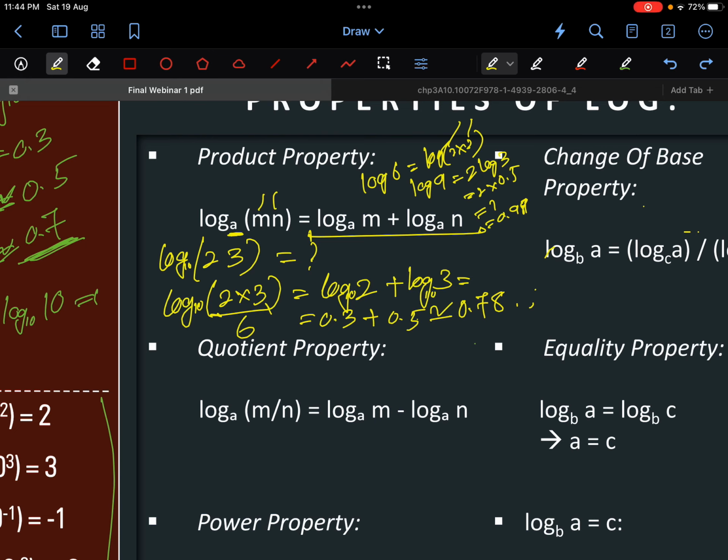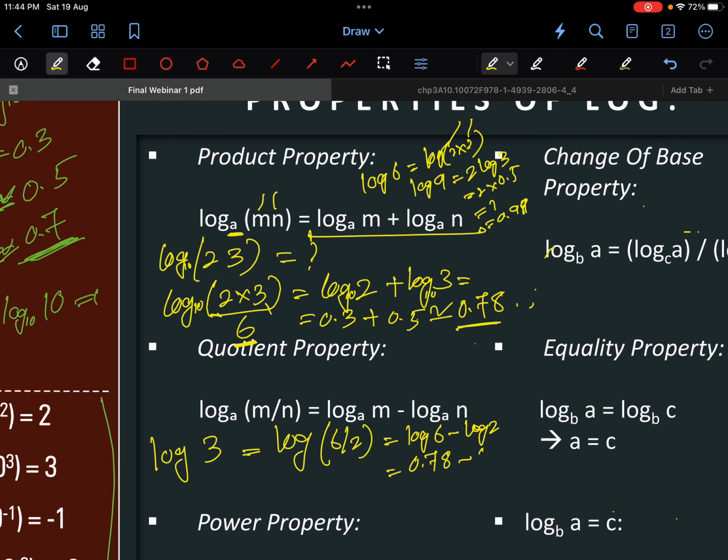So if we take an example, log 3, let's consider that we don't know the value of log 3. Log 3 will be equal to, we can write 3 like this, 6 divided by 2, right? So we can write log 3 as log 6 minus log 2. From the earlier value, we have seen that log 6 is almost 0.78, and we know that log 2 is 0.3.